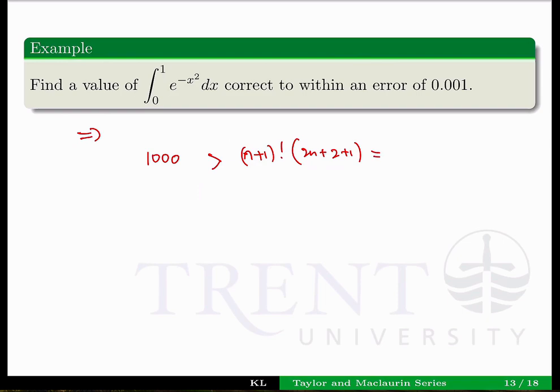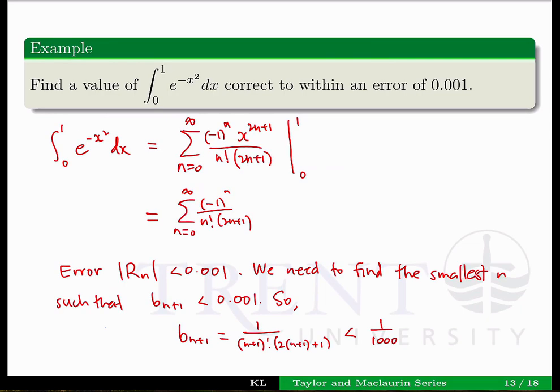Or this one is n plus 1 factorial times 2n plus 3. Sorry, the inequality that I have here is wrong.